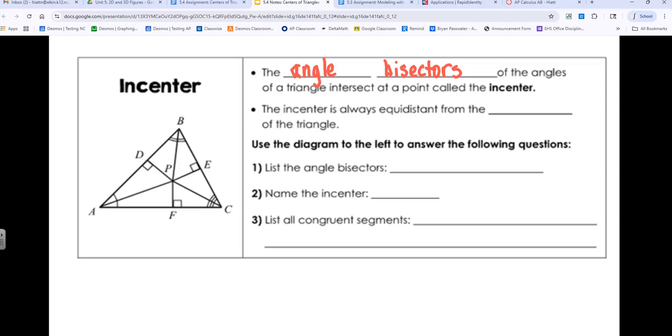Cuts an angle in half. So in this case, the angle bisectors are these lines right here, and right here, that cut those angles in half. So those are called angle bisectors.